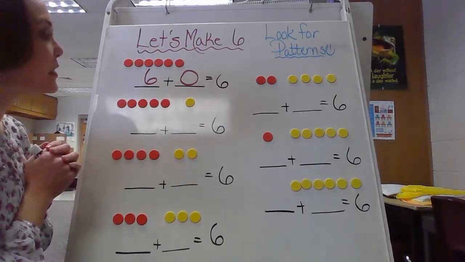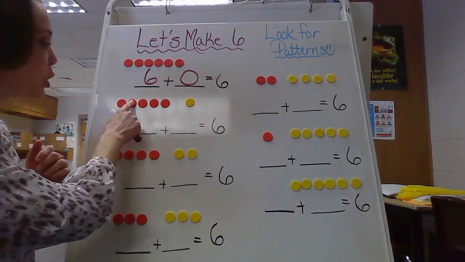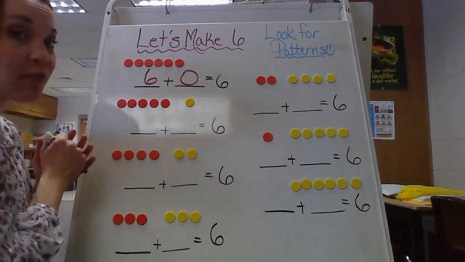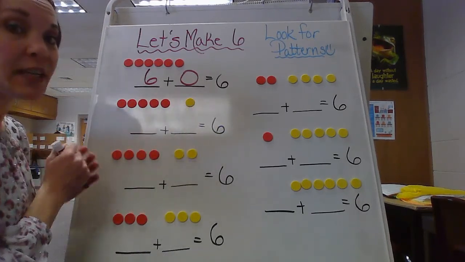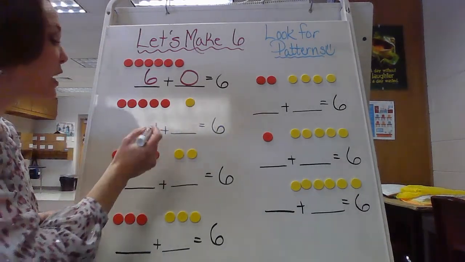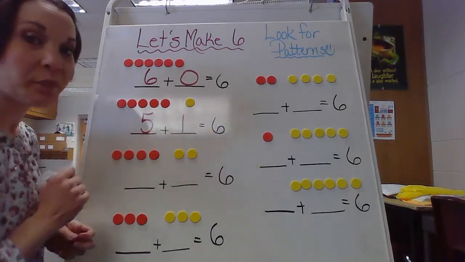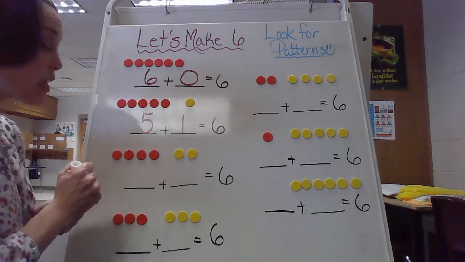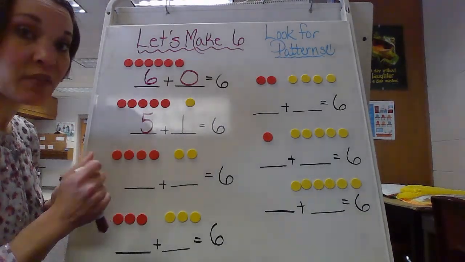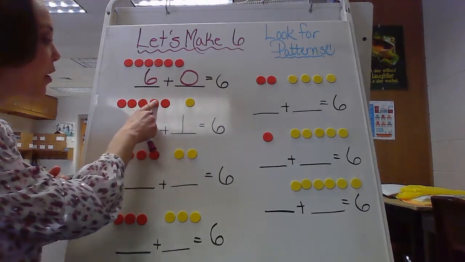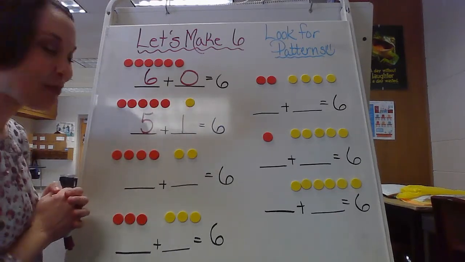So let's see what our number sentence is here. We have 1, 2, 3, 4, 5 red, 1 yellow. So our number sentence here is going to be 5 plus 1 equals 6. To double check yourself, count them all up. Make sure you have 6. 1, 2, 3, 4, 5, 6.